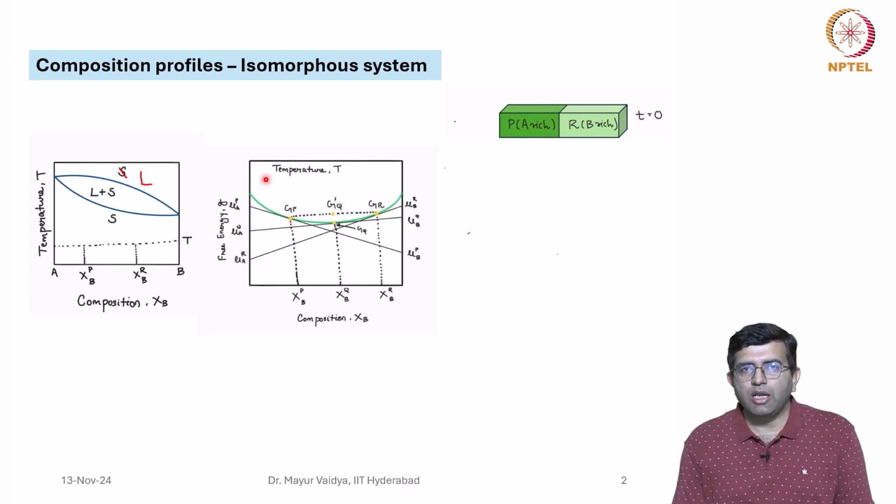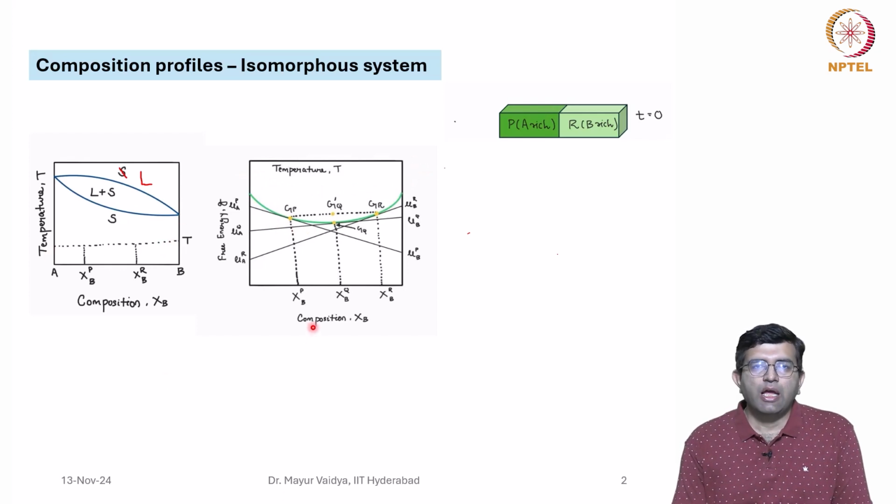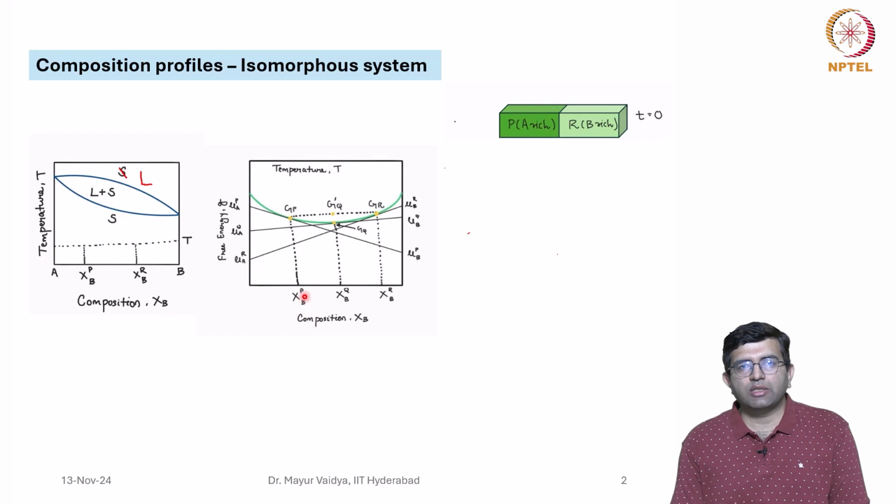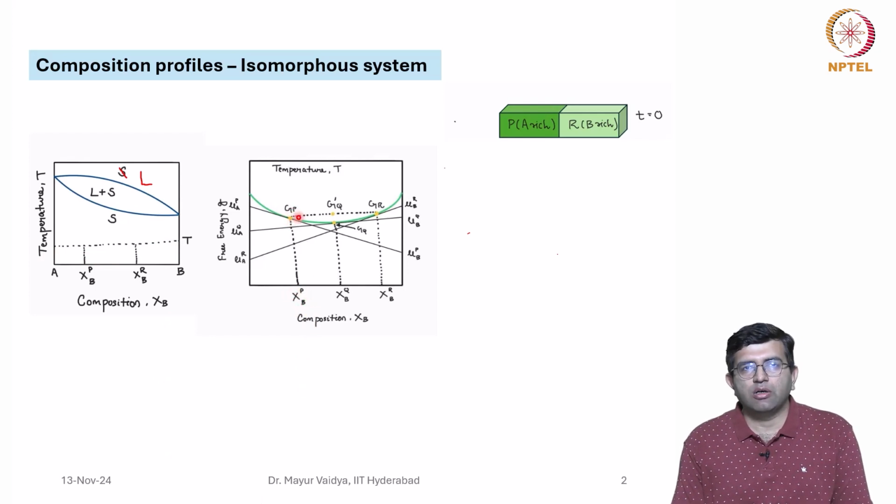We are not drawing the liquid, but the liquid will lie somewhere at the top because the stable phase here is the solid phase. Now we mark the composition of the alloy P here. This is the alloy P, and the free energy is Gp. Then we mark the alloy R, and the free energy is Gr.